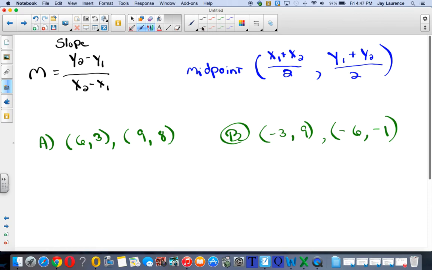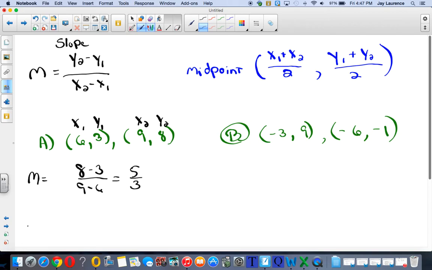Okay, here we go. I'm going to do point A. First of all, find the slope. And so some kids like to do this where they go x1, y1, x2, y2. You don't have to. But I'm going to subtract the y's, so I'm going to go 8 minus 3, subtract my x's, 9 minus 6. The y's rise to the top, so I'll have 5 thirds. There's my slope.